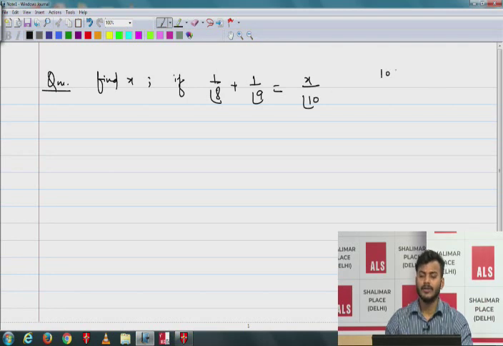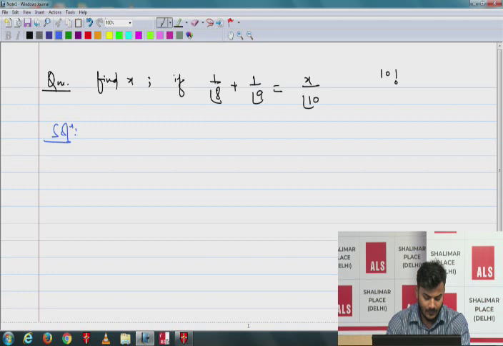This is also 10 factorial; this is how I write 10 factorial. So both are the same. Okay. 1 upon 8 factorial plus 1 upon 9 factorial equals x upon 10 factorial. What is the value of x?